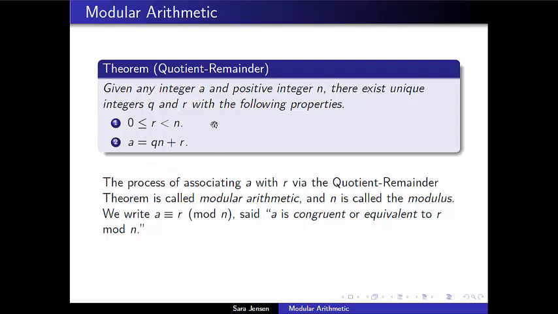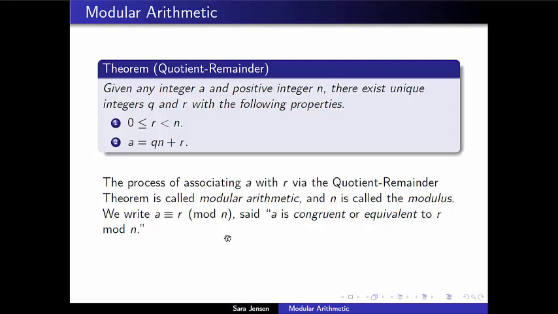All of that process was coming from the Quotient-Remainder Theorem, and the process of associating the arbitrary number with its remainder, modulo n, is called performing modular arithmetic. In this situation, that special number that's defining the figurative circle is called the modulus. So n from this equation is called the modulus.